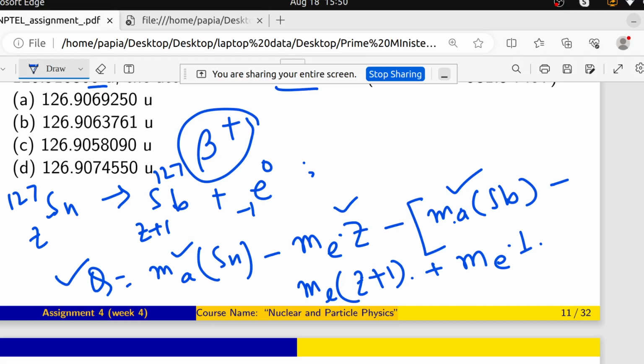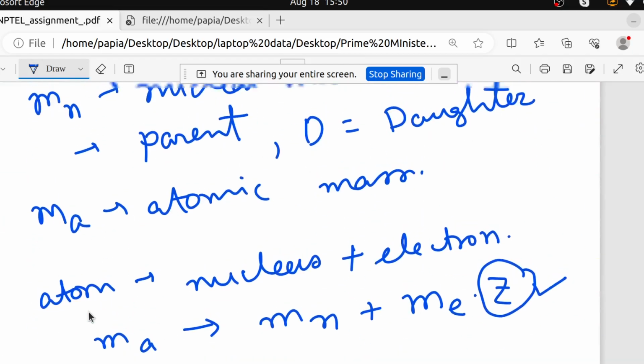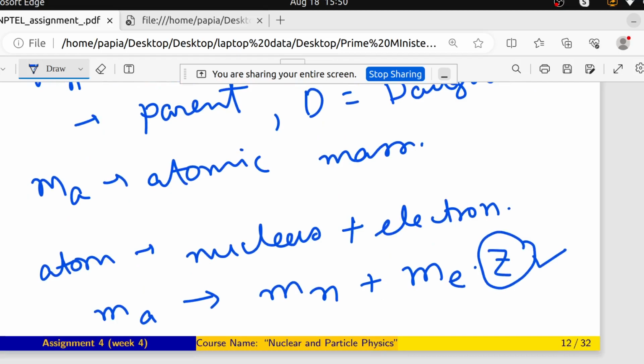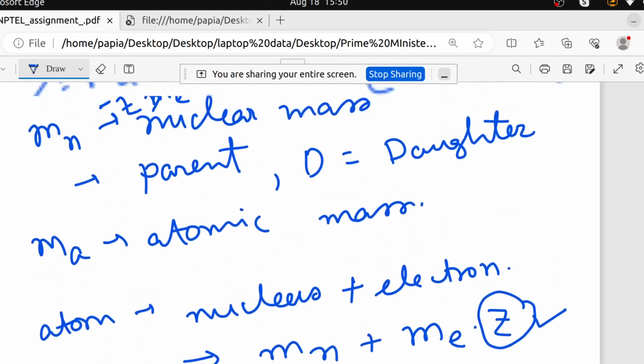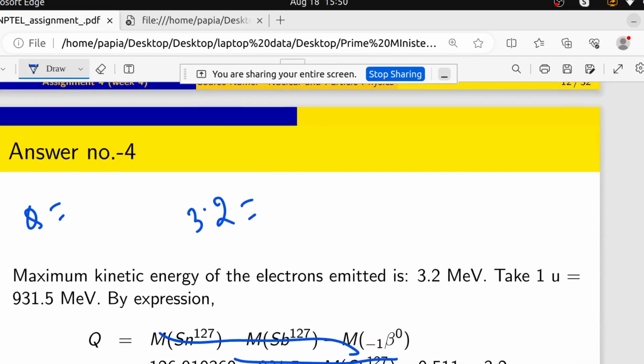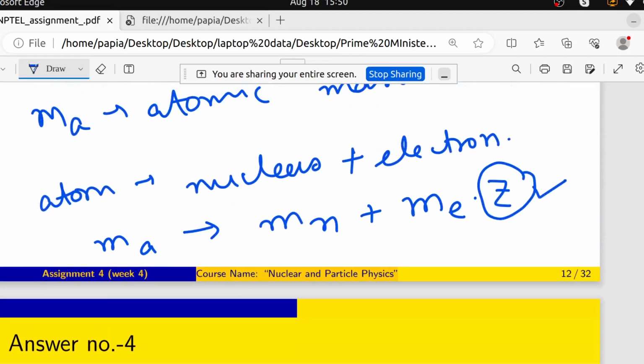That means as a whole these four terms will cancel out. Then only this term will be left. So the answer is 3.2 equals to 126.3. What was that?